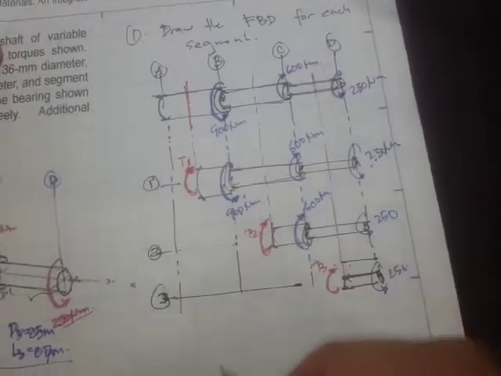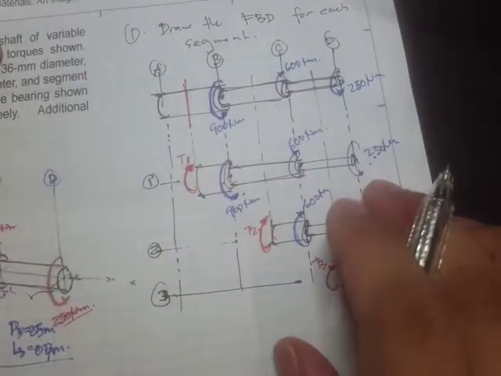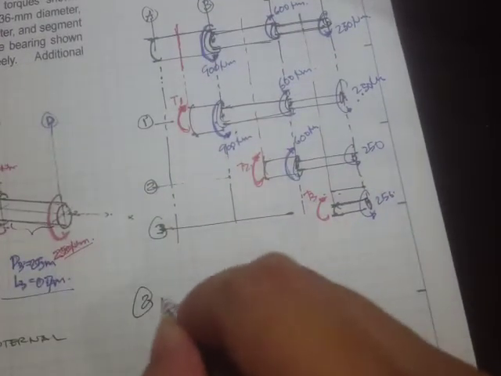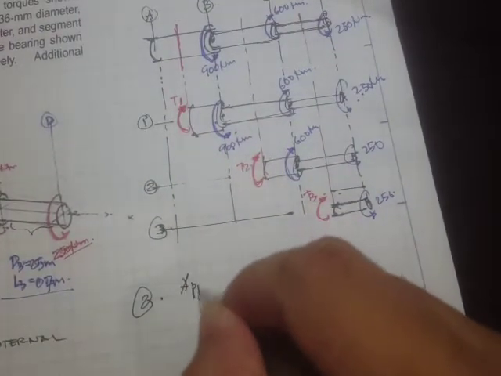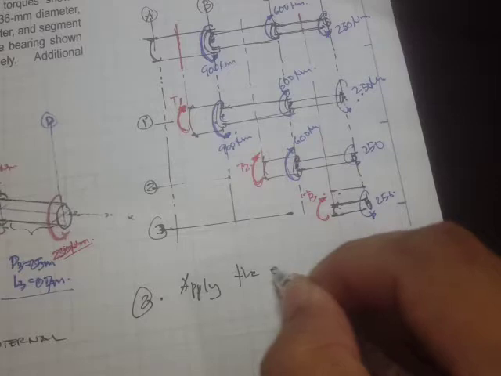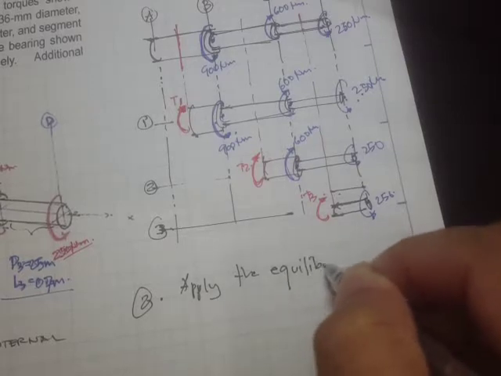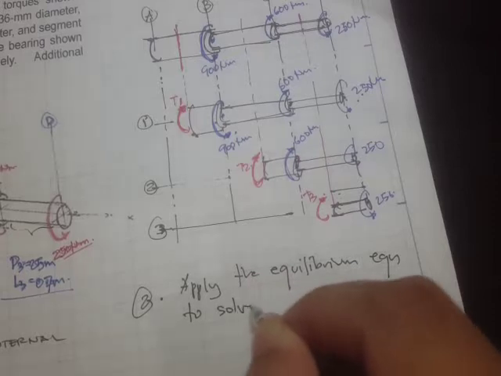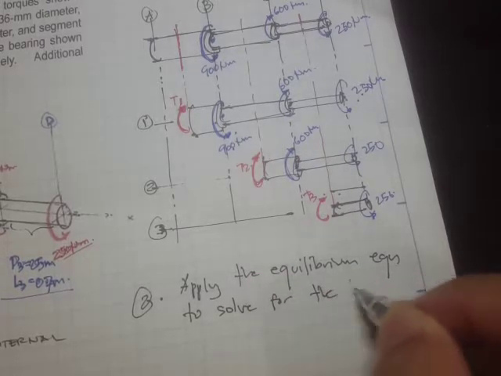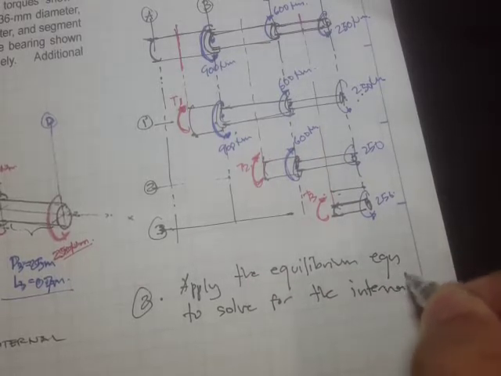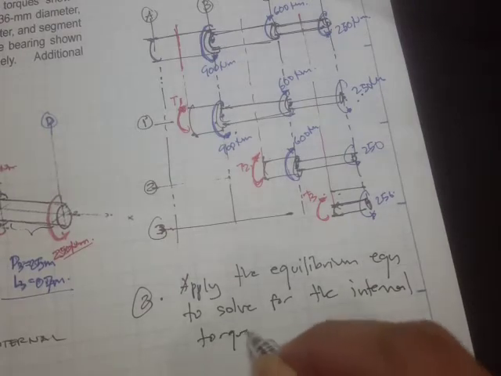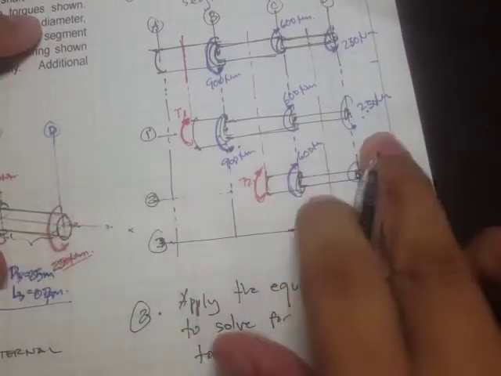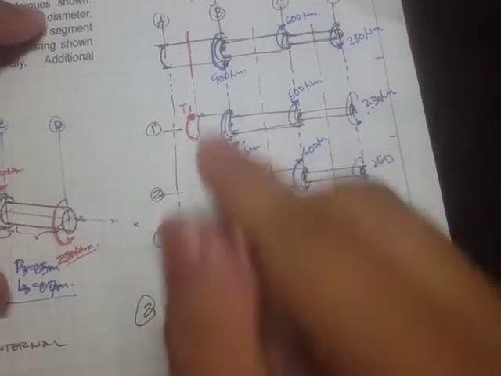All right, so now we have these free body diagrams, then we can now apply the equilibrium equation to solve for the internal torques. Right, so let's start with segment number 1.